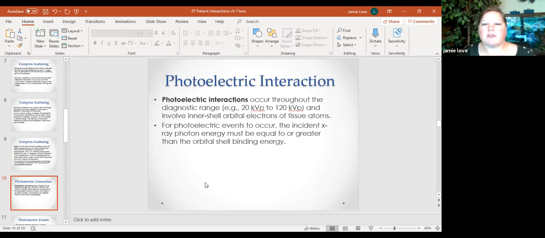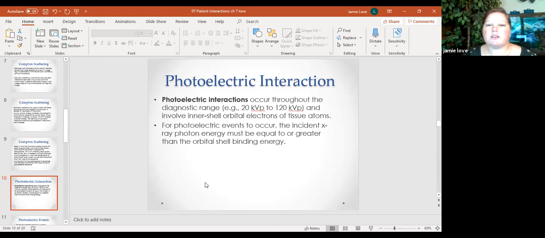So the photoelectric effect is in our diagnostic range. This is our next interaction. 20 to 120 kVp, that's our diagnostic range. Generally, we don't go as low as 20, somewhere around 50. And we're talking about interactions with the inner shell orbiting electrons in the atoms in the tissue of our body.